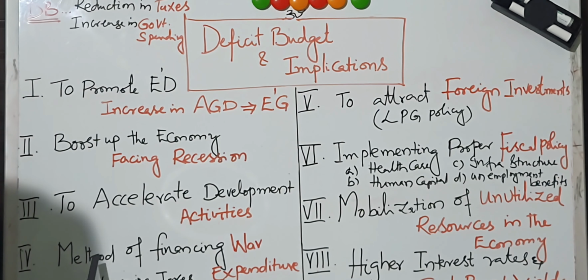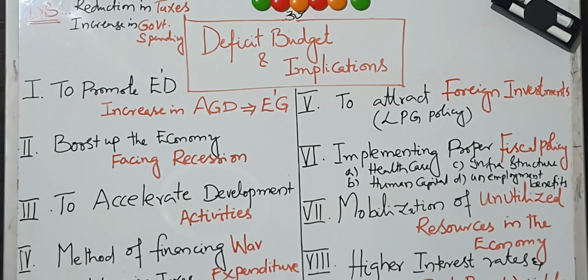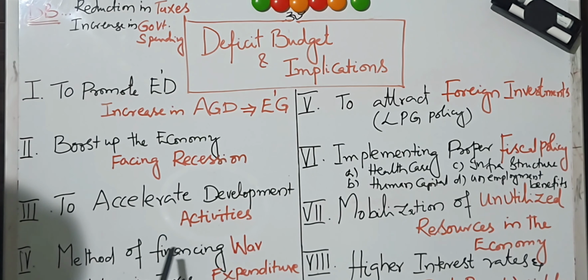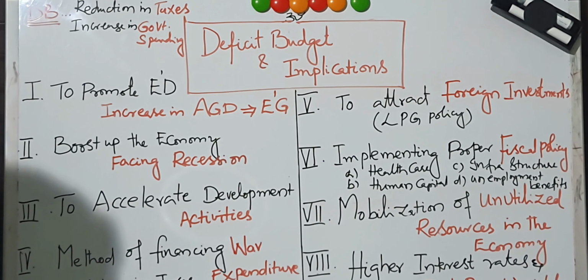Fourth one, it is the only method of financing the war. In the situation of war, huge funds are required by the government. The only alternative for facing the war is a deficit budget.